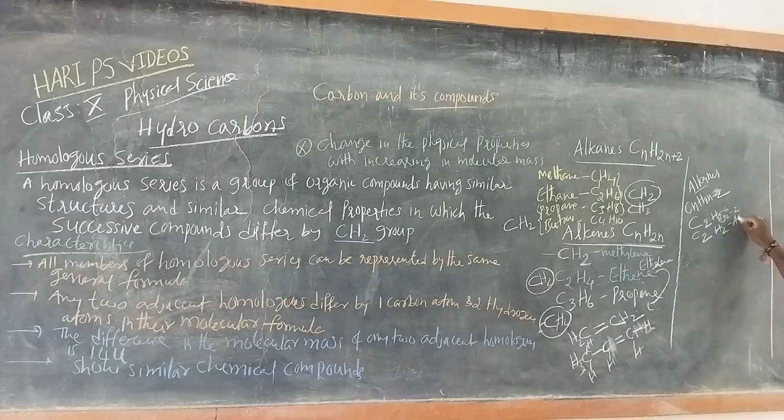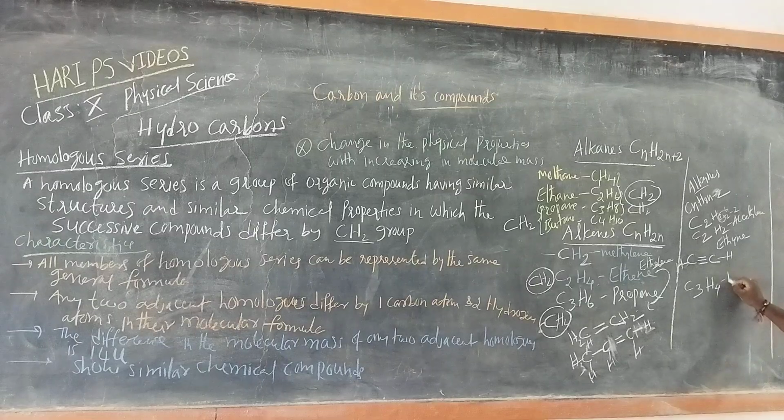It is generally called acetylene, or ethyne. Structure: H, C triple bond C, H. Then if n is equal to 3, C3, 2 threes are 6 minus 2, 4, so C3H4.